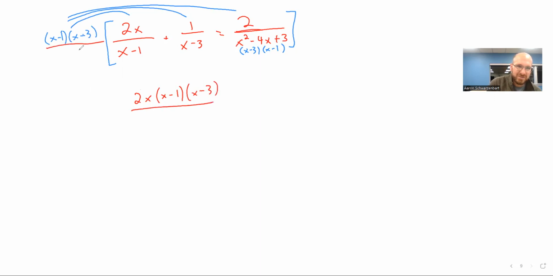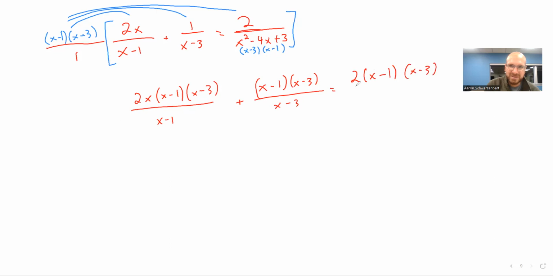Remember that this is all over 1, so it multiplies to the numerator, times x minus 1. 1 times x minus 1, I don't need to write the 1, times x minus 3 over x minus 3. And equals 2 times x minus 1, x minus 3 over x minus 3, x minus 1.